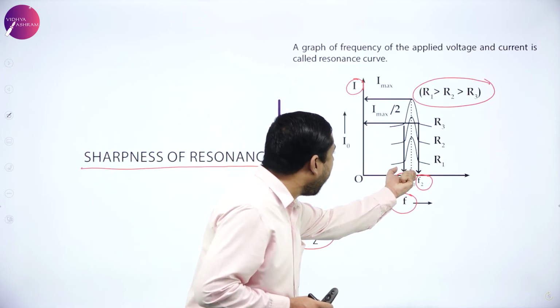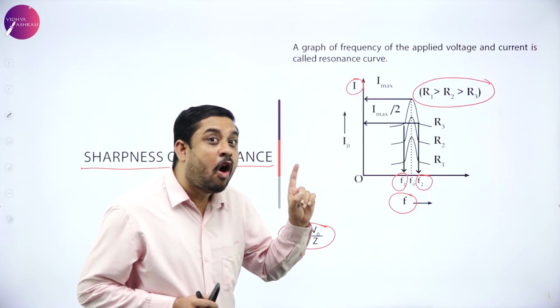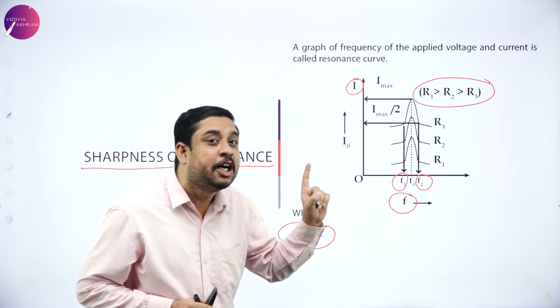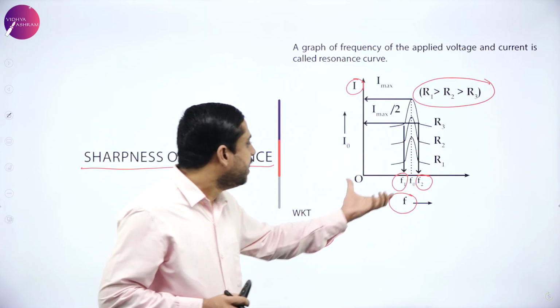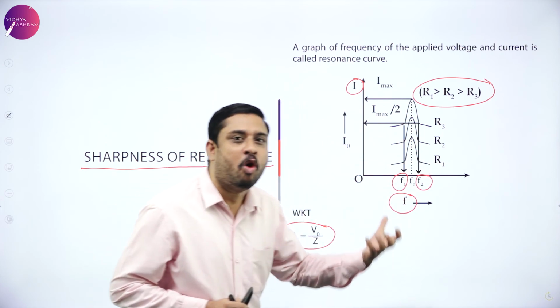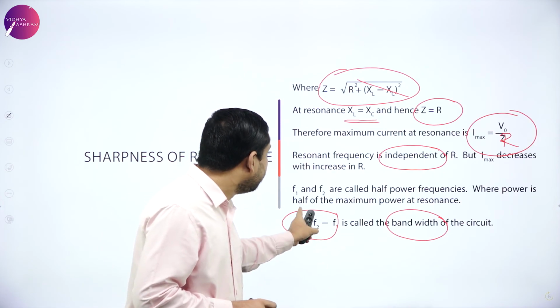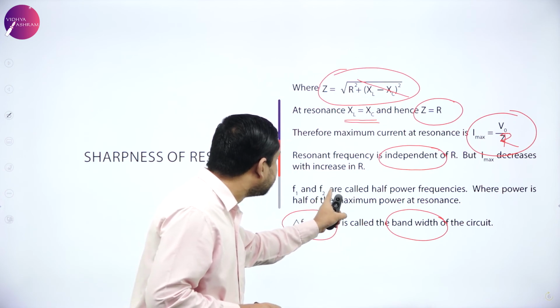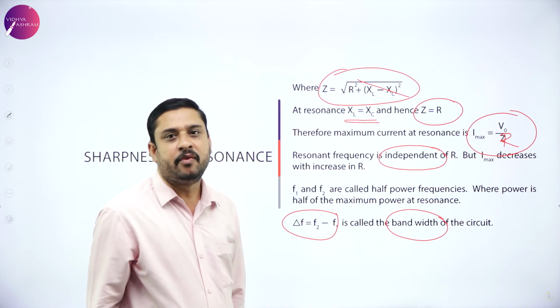Therefore, if the bandwidth is small, sharpness or the quality of the curve is more. Next, I come to the quality factor. If the bandwidth is more, quality reduces. Therefore, we say delta F is F2 minus F1, which is called bandwidth.